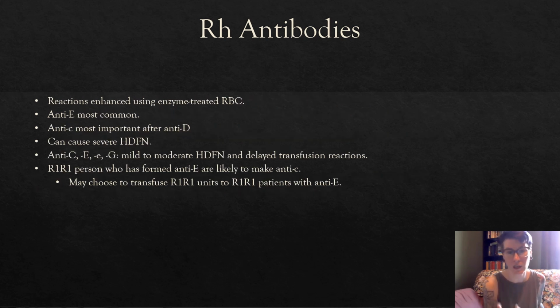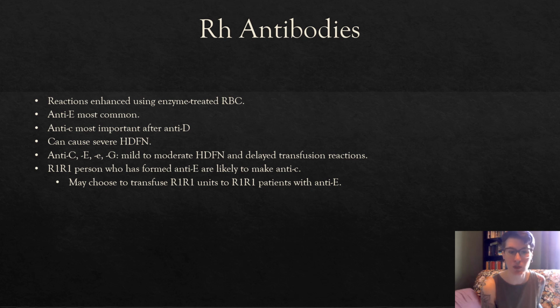Again, Rh antibodies are enhanced by enzyme-treated RBCs. So if you have an antibody that's reacting a little bit weaker that you think might be an Rh antibody, you can treat the RBCs with ficin or papain, and that should bring out the reaction a little bit stronger. Anti-big E is the most common Rh antibody.